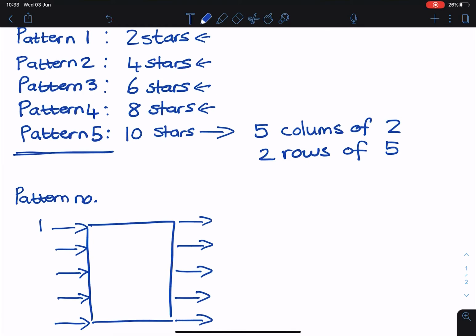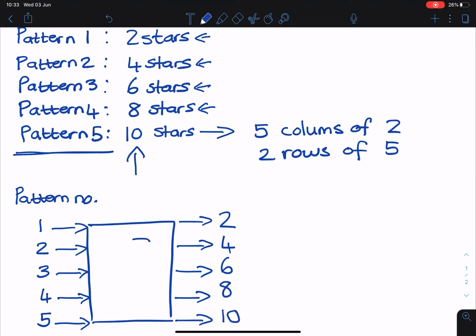So we've got pattern 1, pattern 2, pattern 3, pattern 4, and pattern 5. And then if we look up at how many stars each one has got, pattern 1 has got 2, pattern 2 has got 4, pattern 3 has got 6, pattern 4 has got 8, and pattern 5 has got 10.